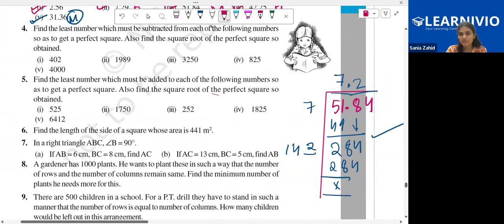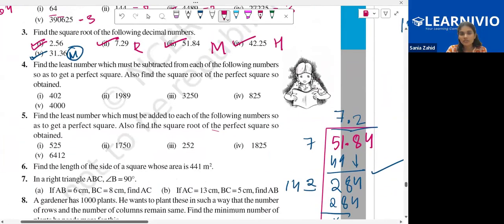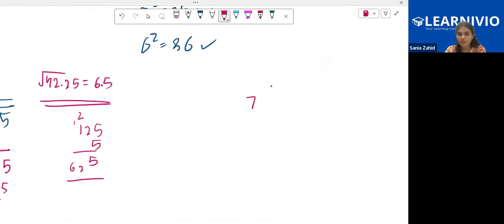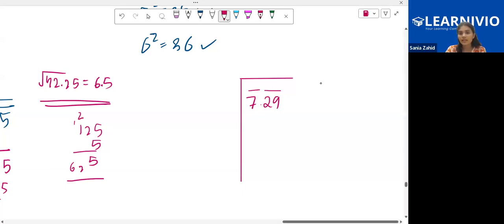Yes, ma'am. So we have 7.29. Ma'am, can you hear me? Yeah, I do hear you. So tell me for 7.29. The closest number is 6. 2 into 3 is 6. Rida, 2 into 3 is not a square number. 3 into 3 is 9. That's a square.